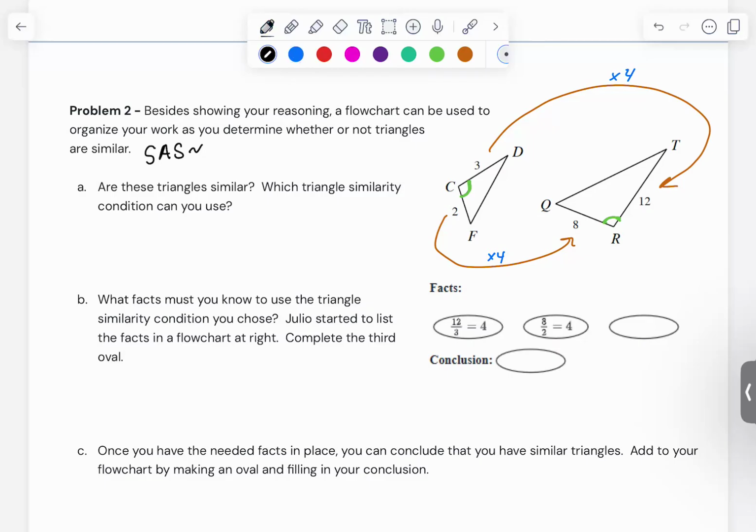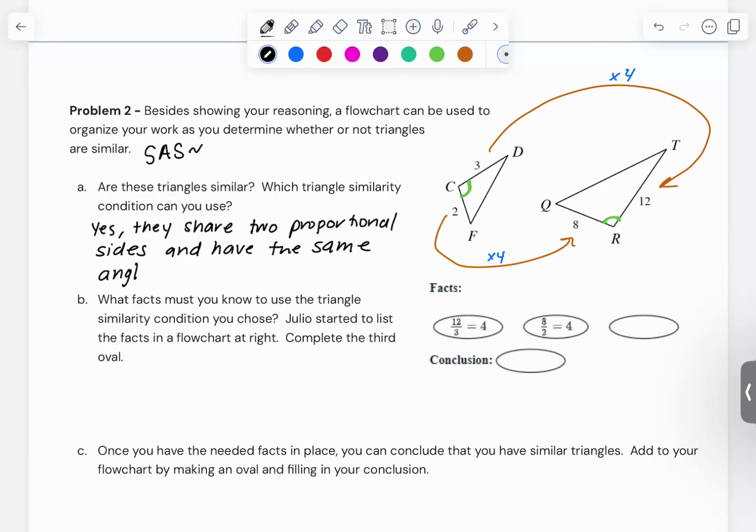So yes, they share two proportional sides and have the same angle, so we can use side angle side similarity.